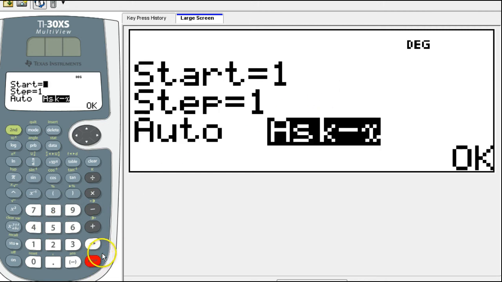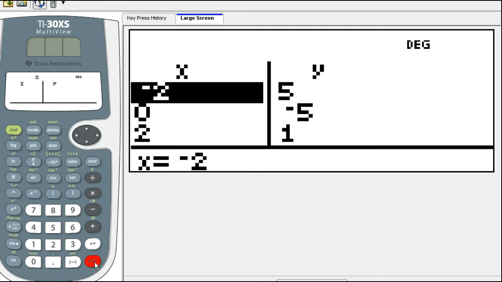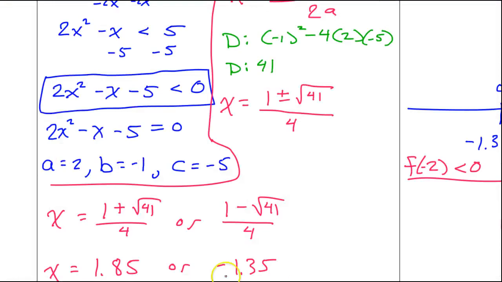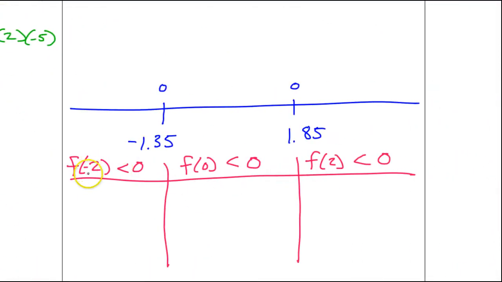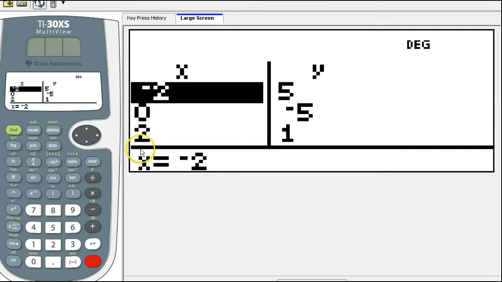Leave your calculator in Ask X mode, or put it in Ask X mode if it's not already there. We're going to test the function at -2 and 0 and 2. It just so happens that these are the same values I used for the last problem. But if they weren't, you would just type over them. But they're already here, so the value of the function at these x values will be 5, -5, and 1.